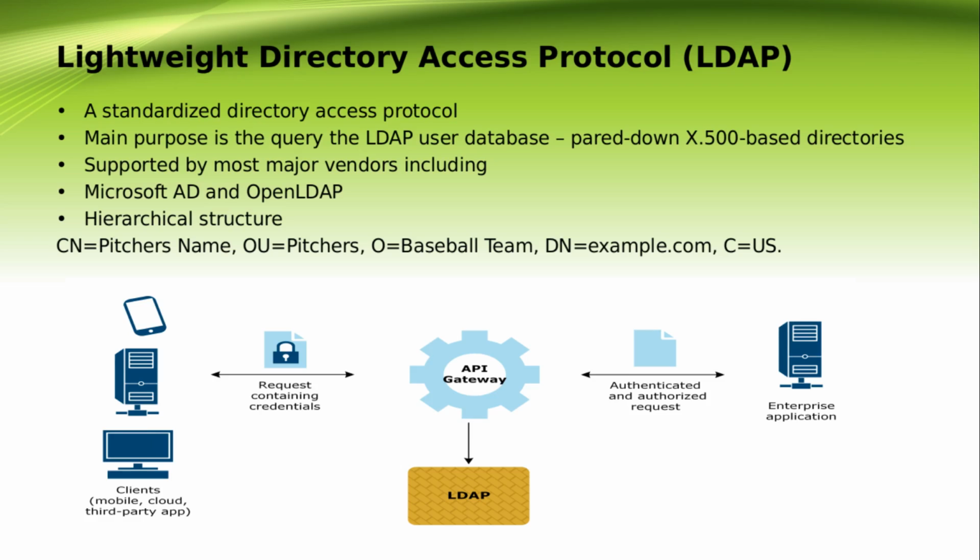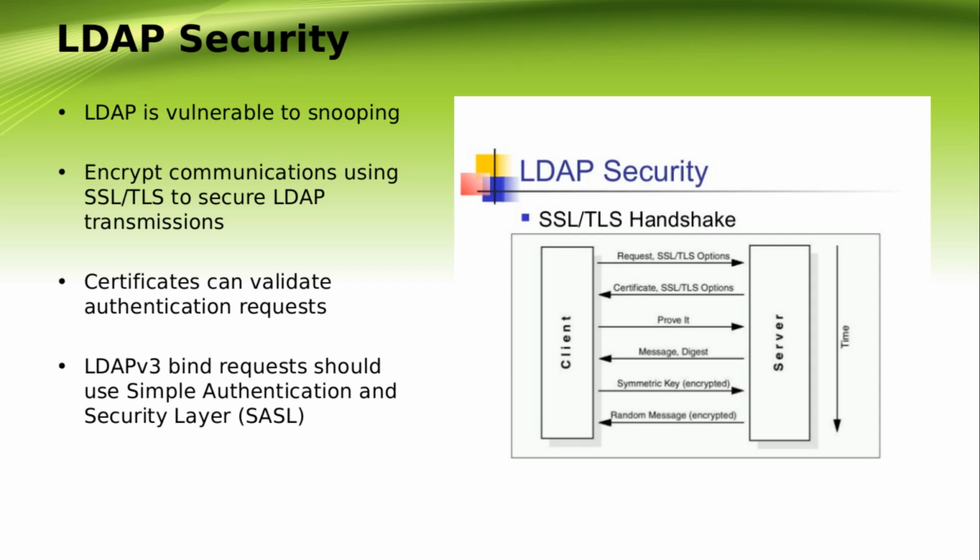LDAP traffic can be made confidential and secure by using Secure Sockets Layer, SSL, or TLS technology. You can enable LDAP over SSL by installing a properly formatted certificate from either a Microsoft Certification Authority or a non-Microsoft CA. You can also see this in the next slide, LDAP security.